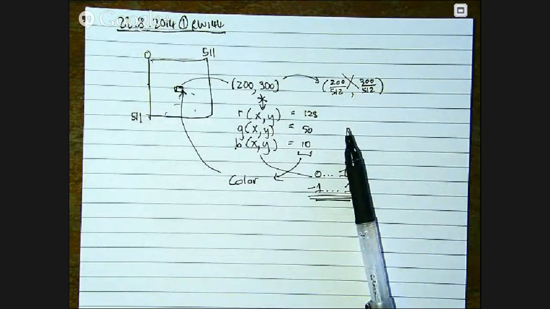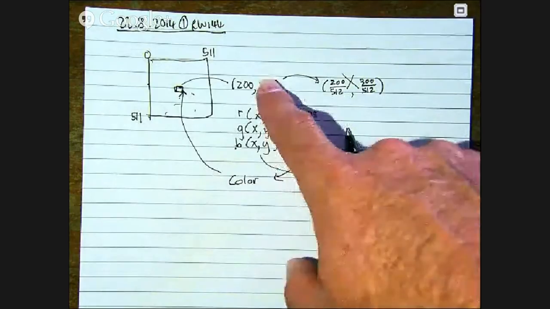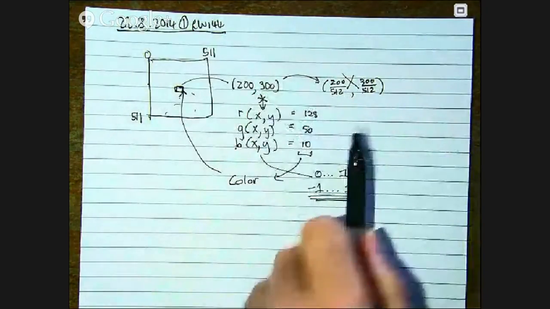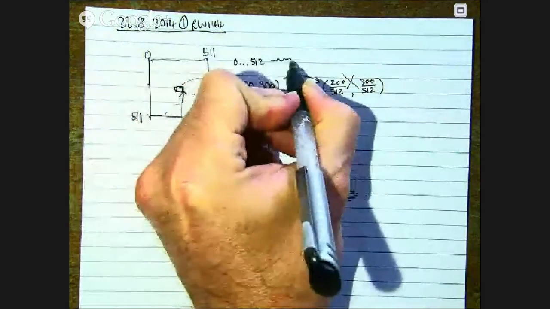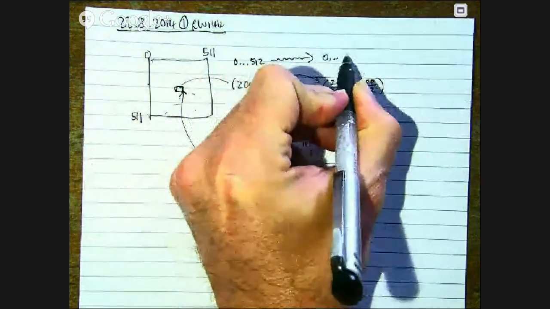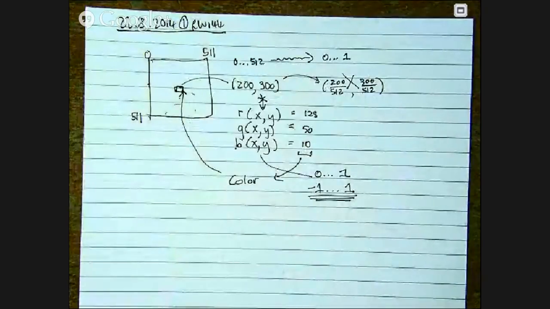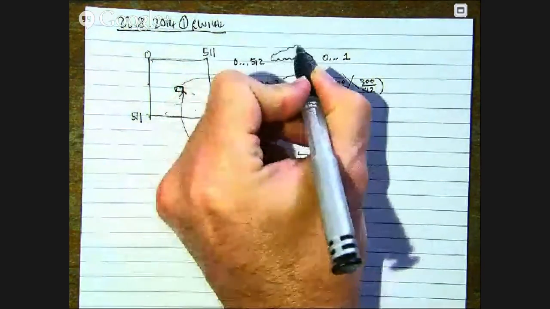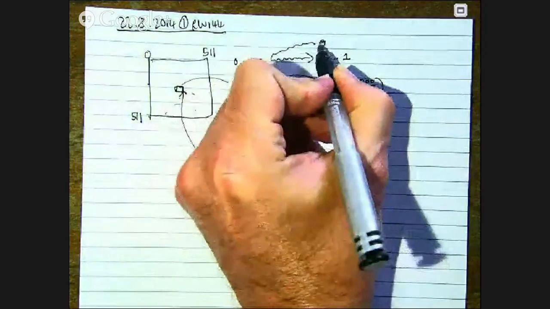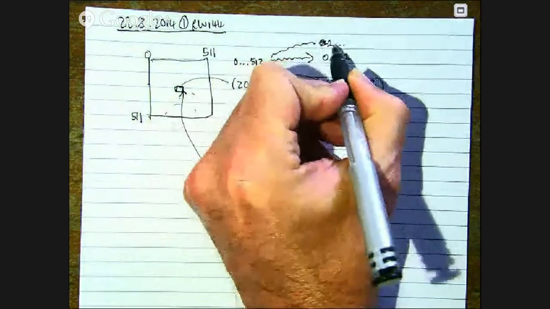I have a value, and I've already shown you how to map these values that go from 0 to 512 to the range 0 to 1. But that was a big mistake because the functions are defined for -1 to 1 for x and -1 to 1 for y. So we need a new formula, Scott, to map that range to -1 to +1.